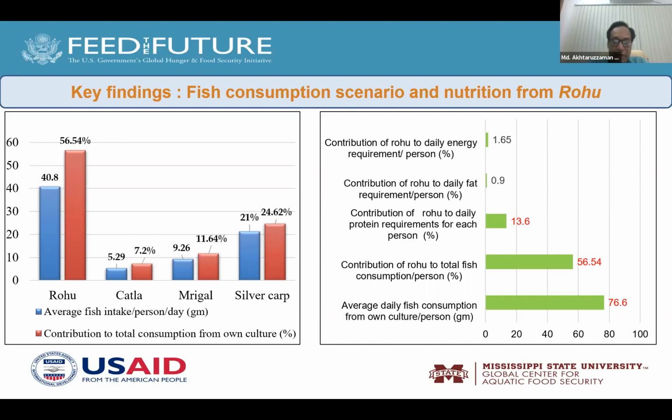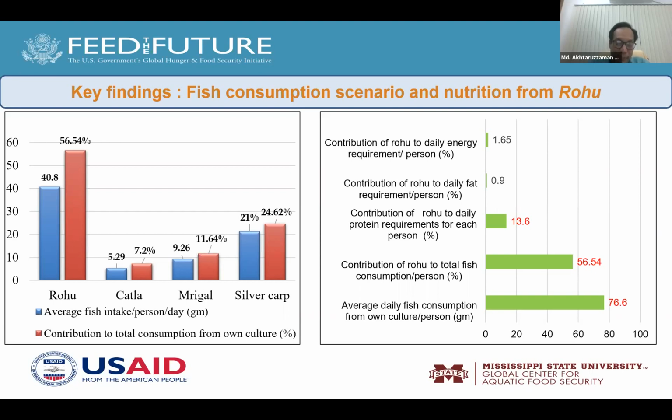The graph revealed that each person consumed 41 grams of raw edible roe fish per day, which contributed 57% to the total daily fish consumption from own culture. However, roe contributed about 14% to the total daily protein requirements for an adult of the selected farmers, and it alone contributed 1.65% to total daily energy requirements of the farmers.